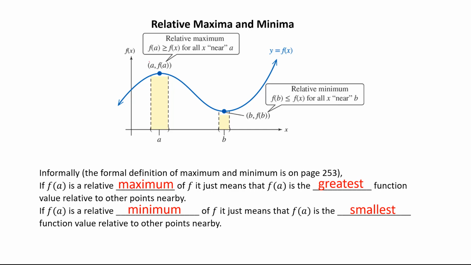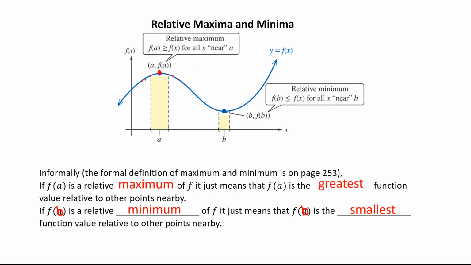So here you can see that f of a, this point right here, is higher than the other function values around it. It has greater function value than these other x values around it. You can see that f of b is a relative minimum of f. It just means that f of b is the smallest function value relative to other points nearby.